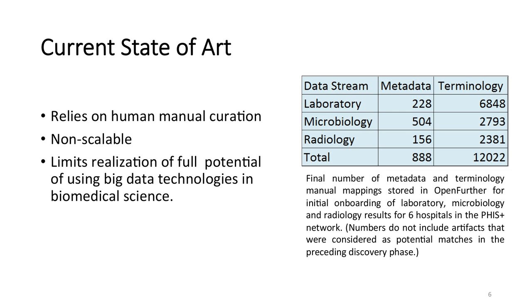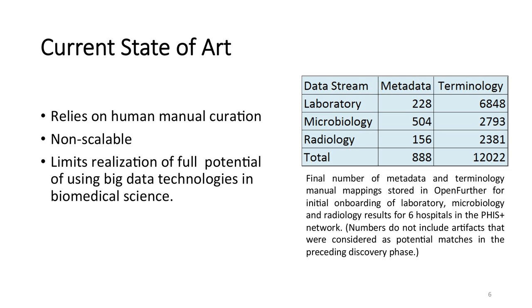So for example, we use the OpenFurther platform to develop a network called the FIS+ network, which is a data federation aggregation platform for 6 pediatric hospitals. These are the numbers of metadata artifacts, in terms of field names or column titles and terminology artifacts, that needed to be discovered and mapped.